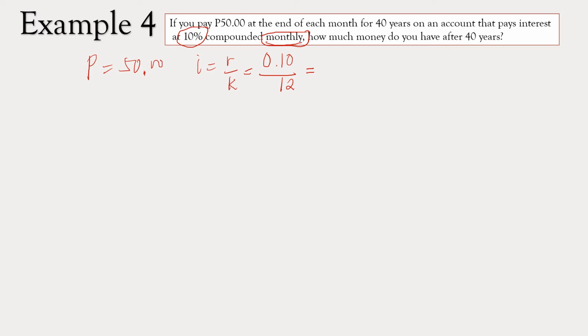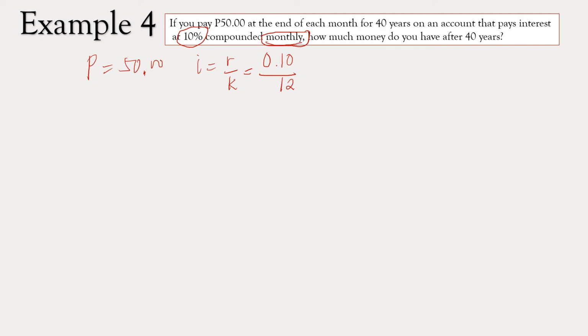Kailangan ma-divide mo yan para makuha mo yung I. 0.10 divided by 12, masyadong maliit. Sige, as is na lang muna natin yan. Masyadong mahaba. So, as is natin yan.